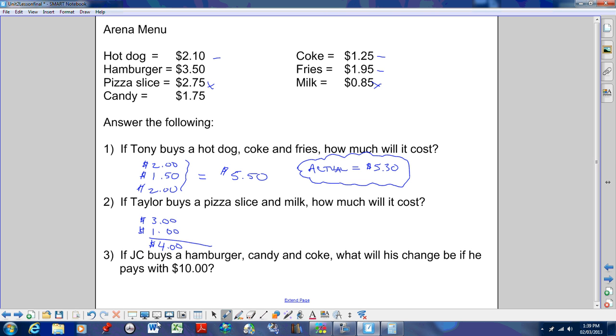And finally, JC buys a hamburger, candy, and Coke. So a hamburger, a candy, and a Coke. So again, his hamburger is $3.50, so we leave it. It's already at a 50-cent marker. The candy's $1.75. Again, I always round up to be safe.